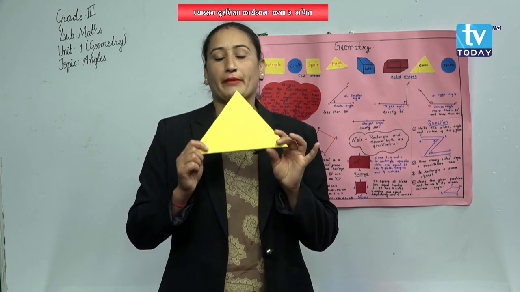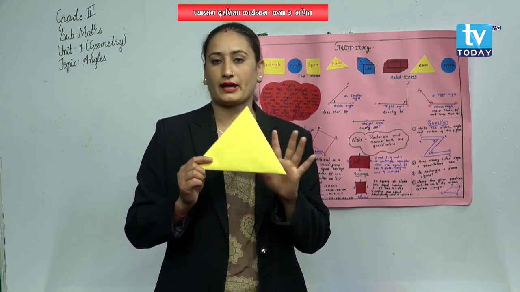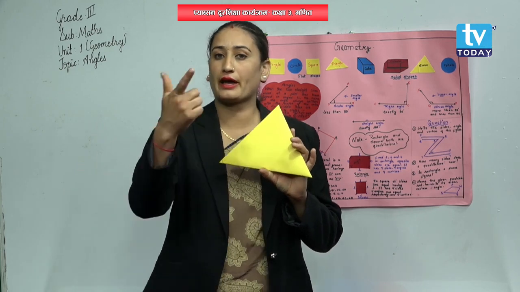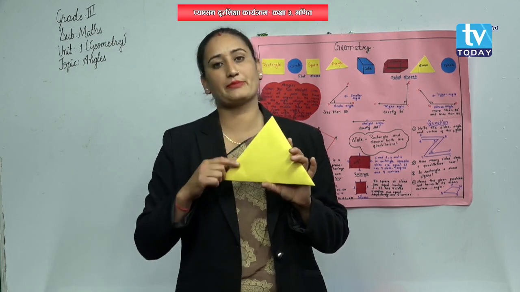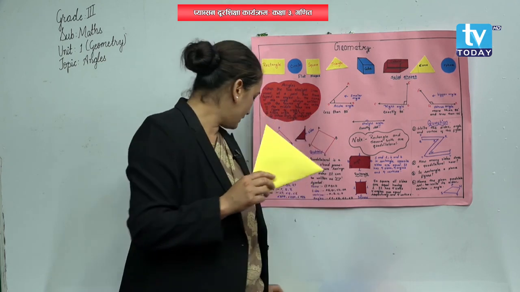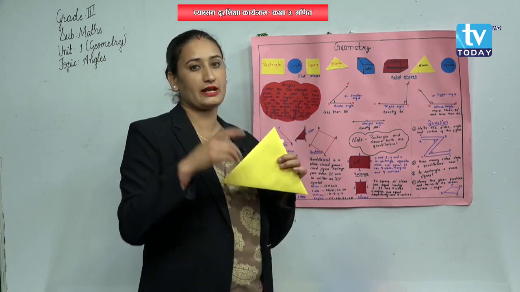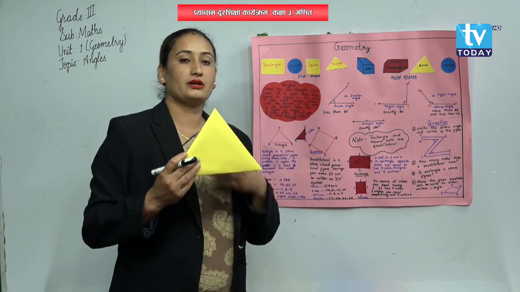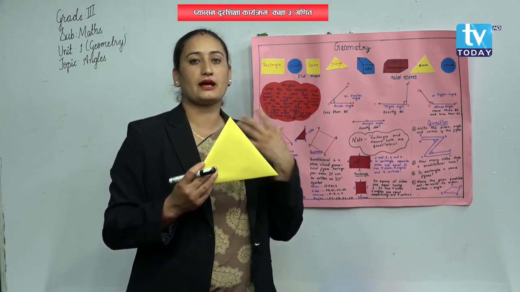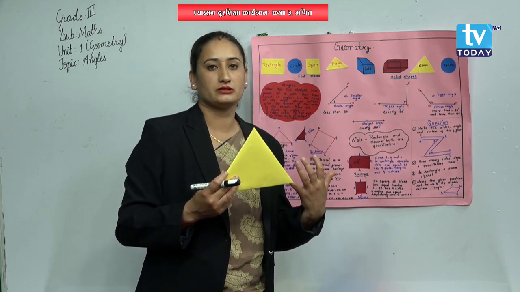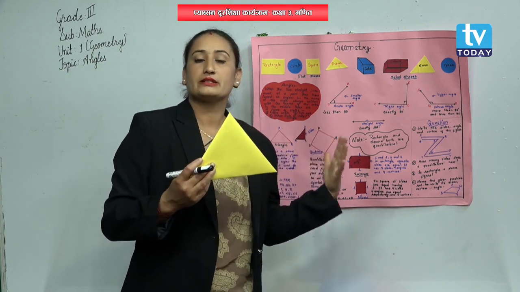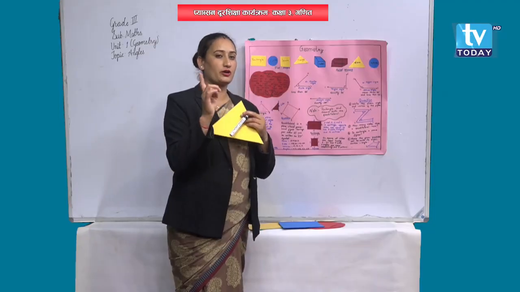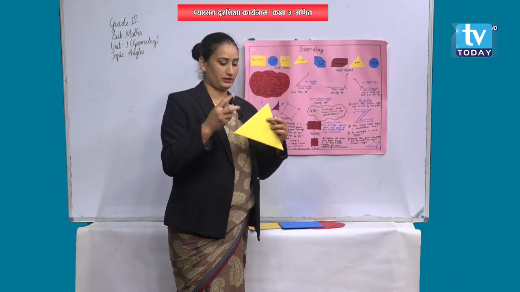We need to mention the name of the triangle by writing with a capital letter. Shall I write a capital letter here? Okay, very good. Now listen, I will write a capital letter here and you have to tell me the answers, okay? And along the way, after giving this answer, I will teach you again about the definition of a triangle. Stay with me, okay? Don't go anywhere. Okay, see here.